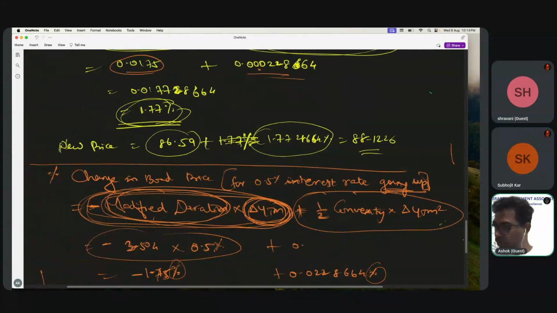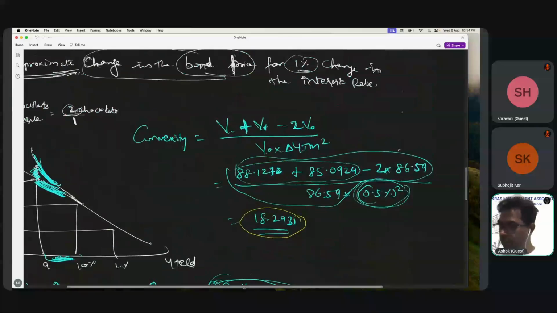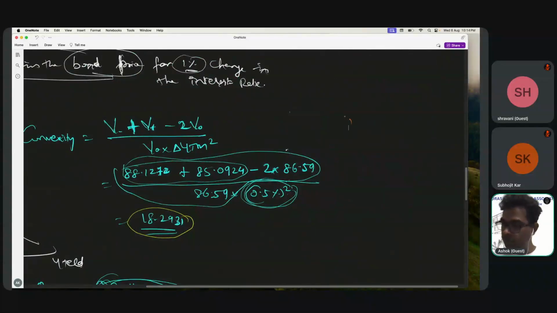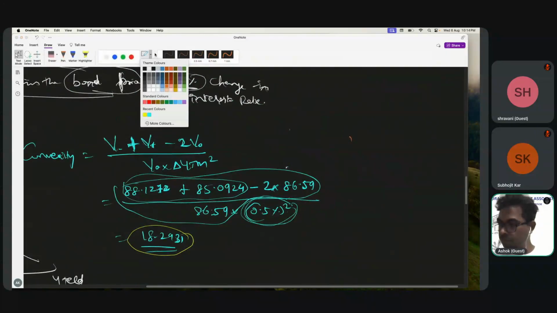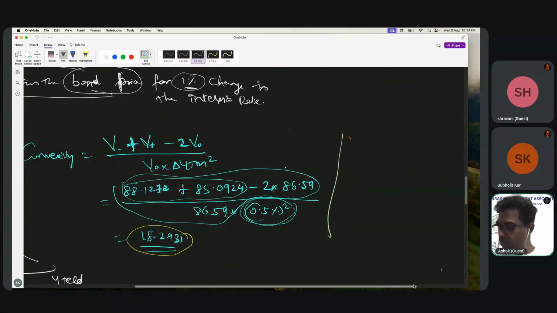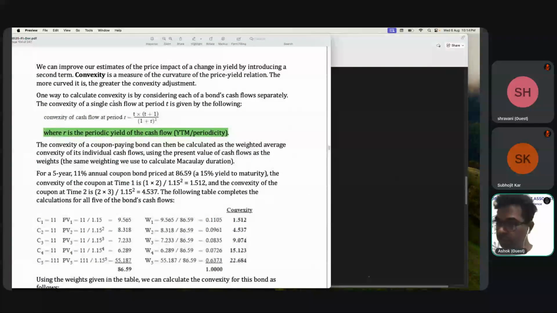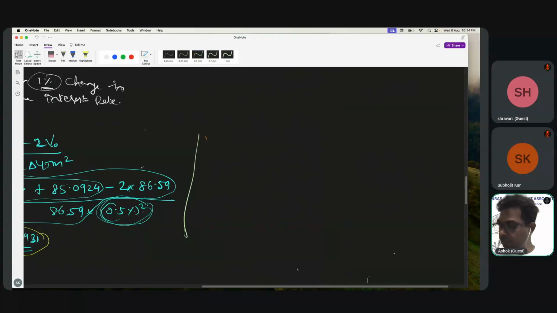See, the convexity that I got here is 18.29. Okay. Convexity of a single cash flow at period t. So convexity of cash flow at period t.